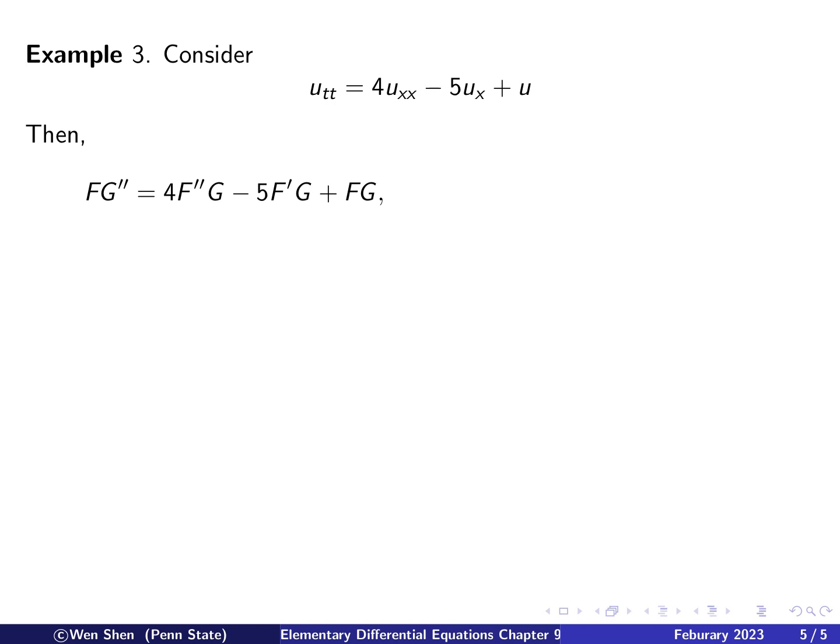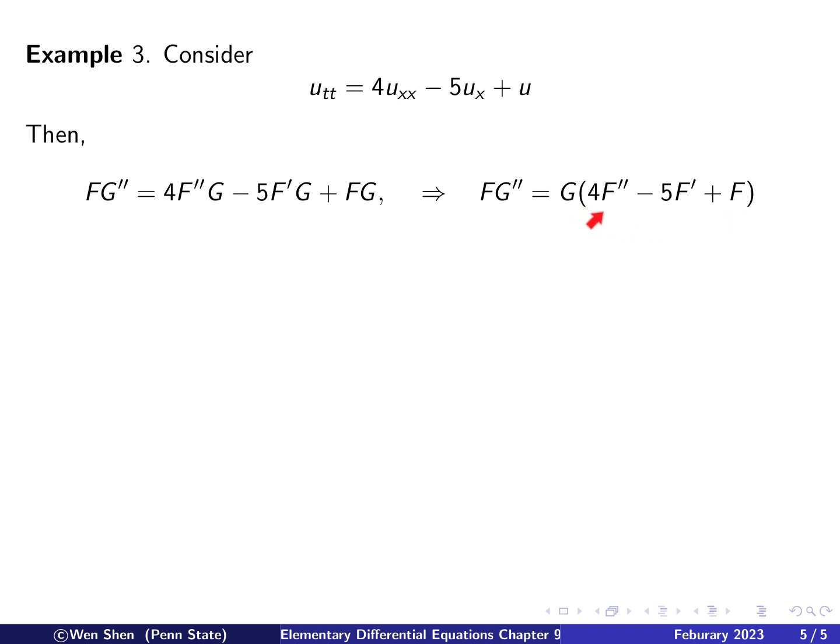So let's try to separate the variables, meaning putting f and g on different sides of the equation. First we observe that the right-hand side contains a common factor, that is g. So we take it out and then put the rest in here.